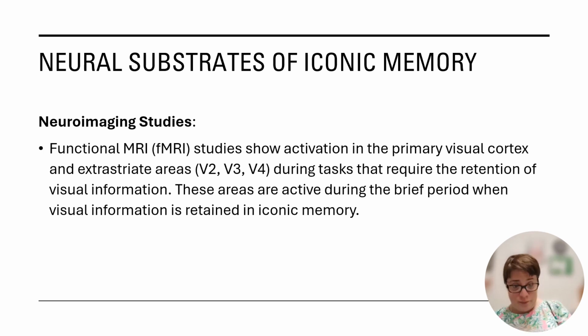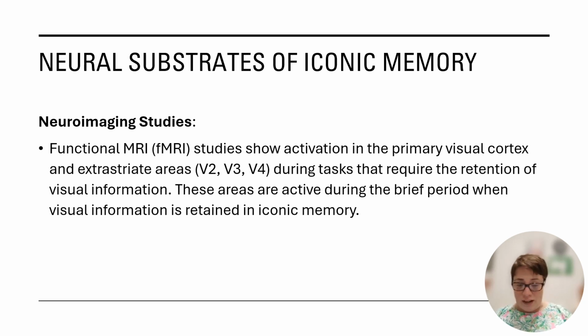Neuroimaging studies. So functional MRI, or fMRI, studies show activation in the primary visual cortex as well as the extrastriate areas, V1, V2, V3, and V4, during tasks that require retention of visual information that's no longer present.